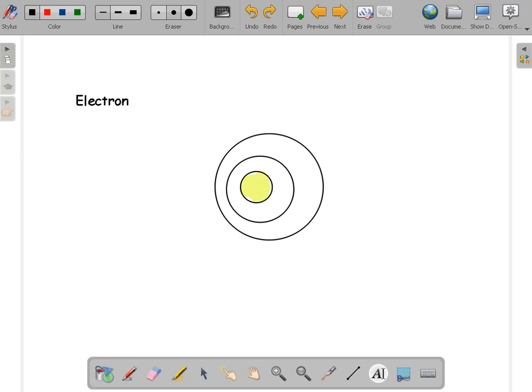Now electrons are found in these shells. The first shell can have up to 2 electrons. You can label them as this, or you can label them in a better way, which is e minus.